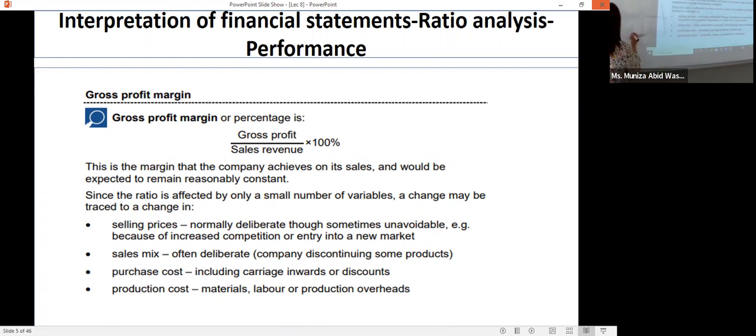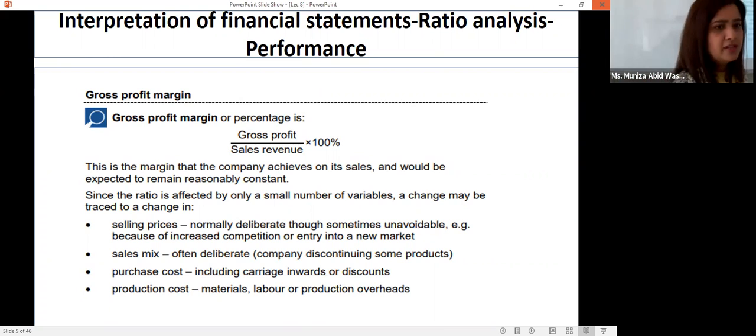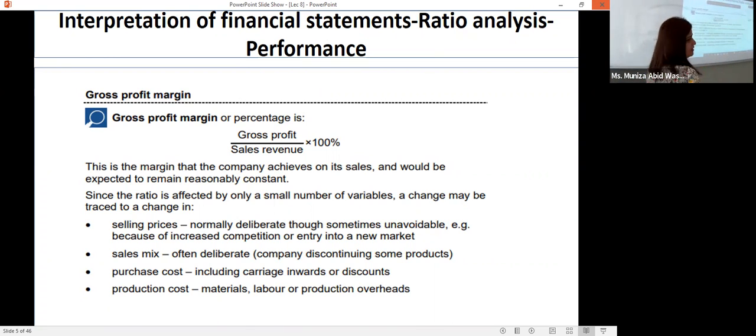Cost plus pricing is cost plus profit is equal to selling price. So the organizations obviously have to set their selling price by adding some kind of the profit margin in that. So in any case, cost plus pricing is going to be used. So production cost, material, labor, or production overheads is also going to increase the cost of goods sold.